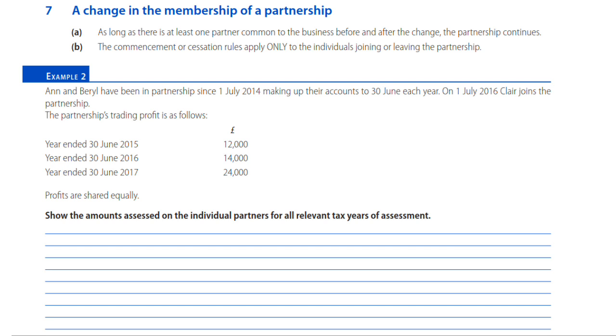And having established his or her profits from the date they started trading for each accounting period thereafter, you would treat that partner like any other new unincorporated trade, using your normal bases of assessment, which were, of course, first year actual basis, start date through to the following 5th of April.